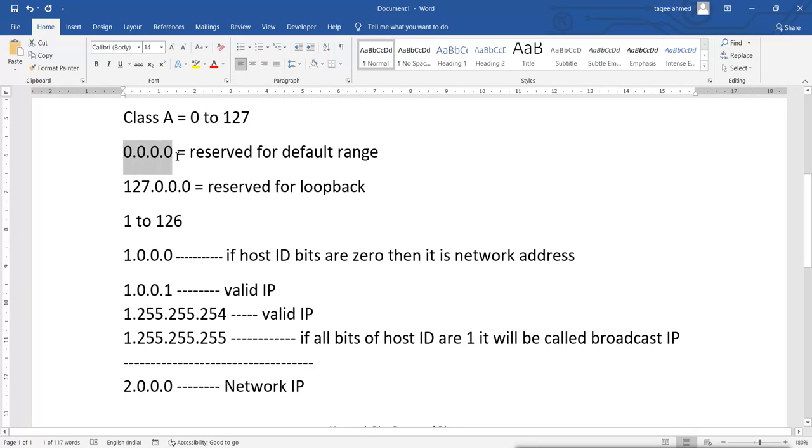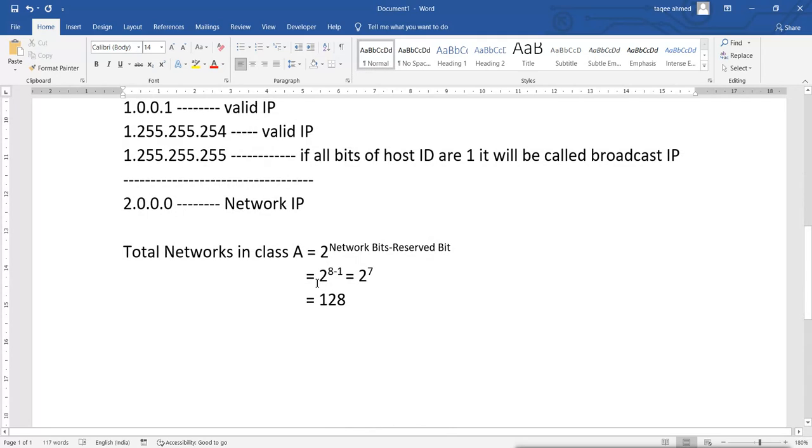We can't use 0 and we can't use 127, so the range starts from 0 to 127, but the usable range is 1 to 126. So we have a total of 128 networks.